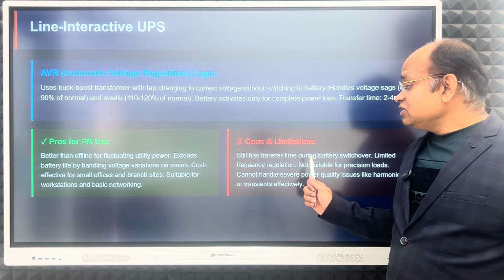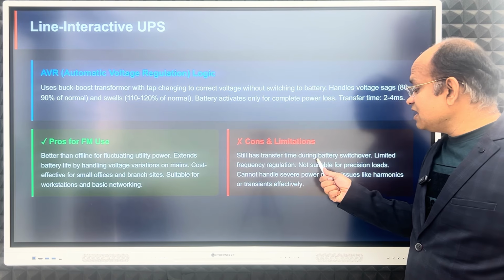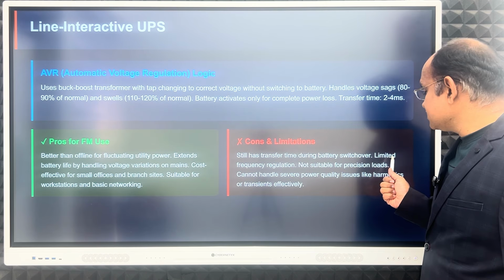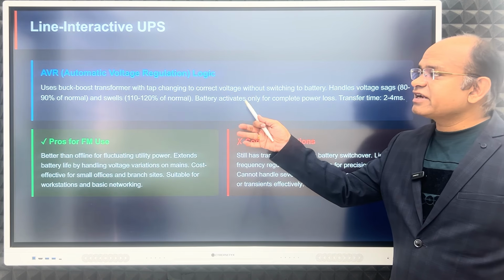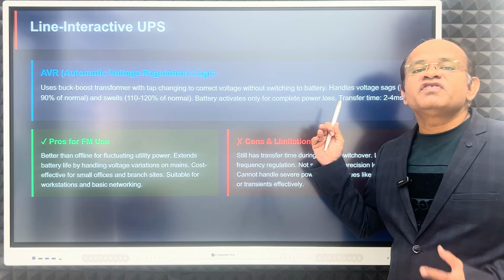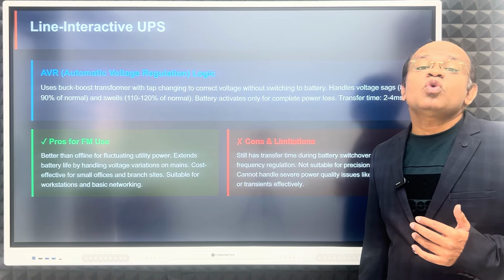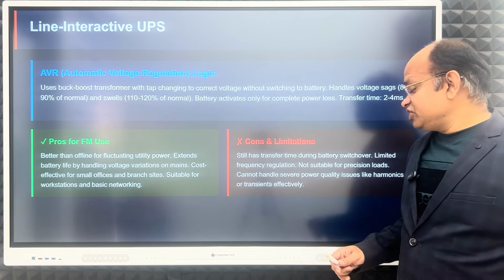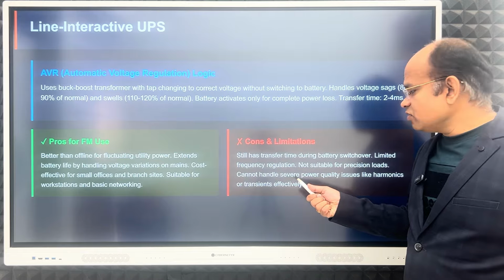Now, cons and limitations, where it should not be used. It still has transfer time during battery switchover, 2 to 4 milliseconds. Limited frequency regulation. It regulates voltage, but what about frequency? If frequency goes down or goes up, then what happens? This will not be able to manage it. So frequency regulation it cannot do.